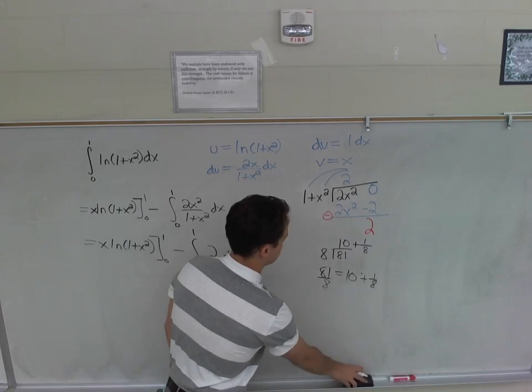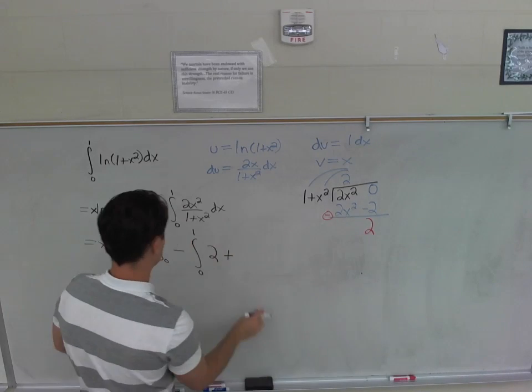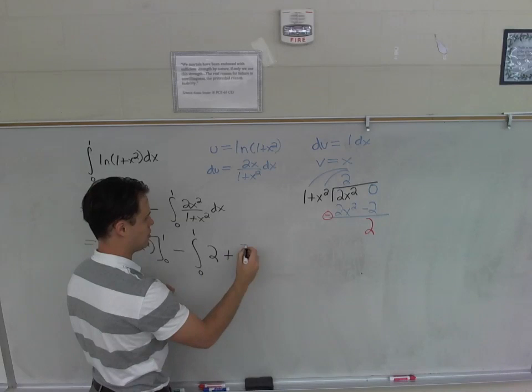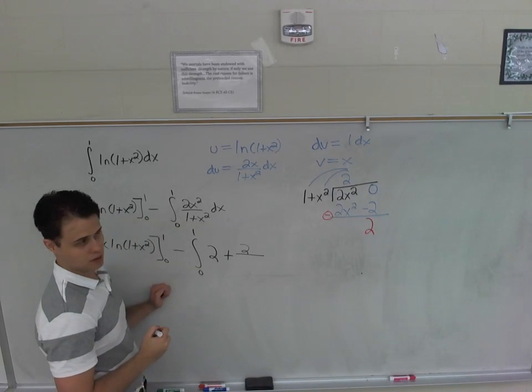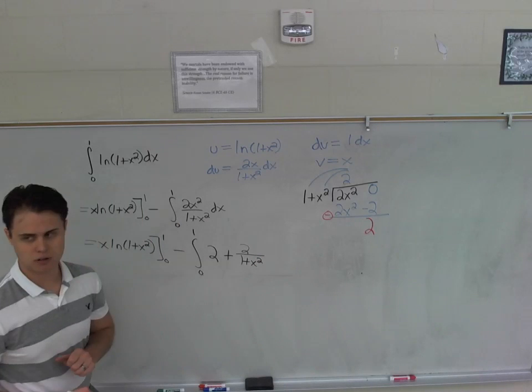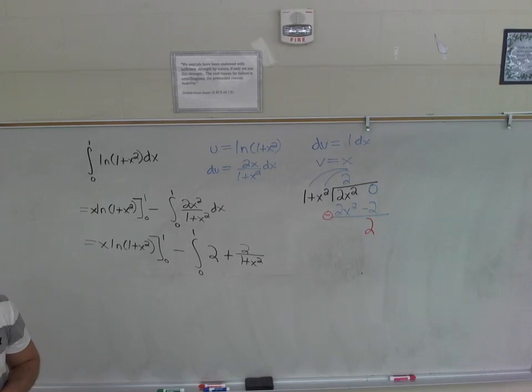So you've got to do remainders correctly. So in our case, this fraction is the quotient 2 plus the remainder divided by what you're trying to divide by. Okay? That's no different than regular division. You guys did that last year.